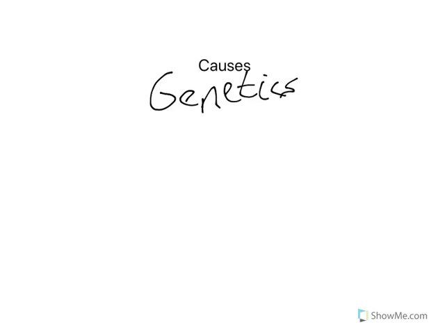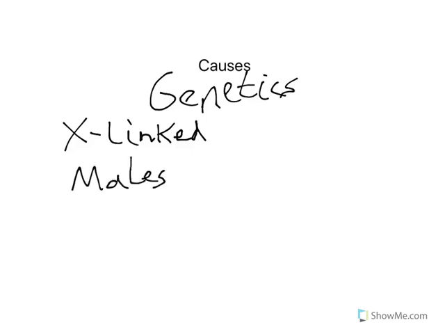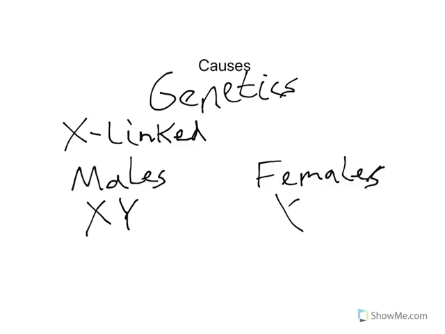Well, color vision is what we call an X-linked trait, right? Which means that it exists on the X chromosome. Now, if you'll recall your knowledge of genetics, males have an X chromosome and a Y chromosome, whereas females have 2 X chromosomes.